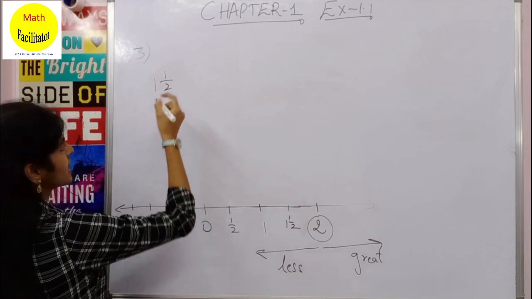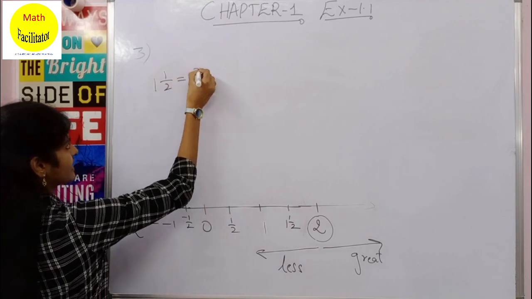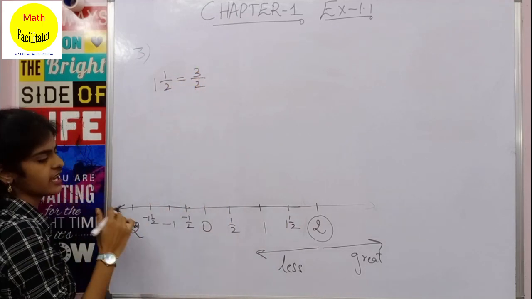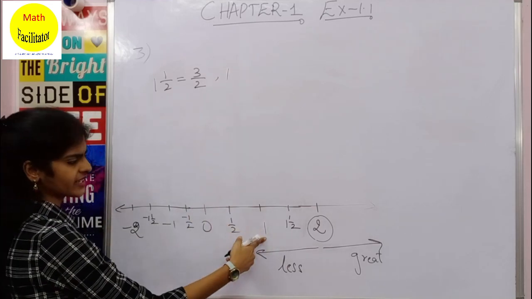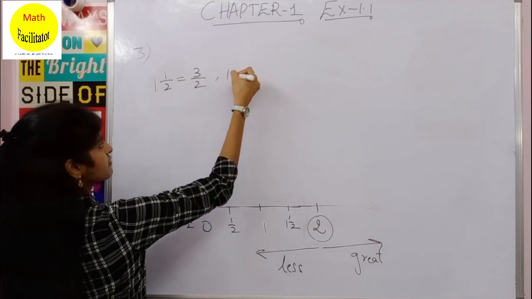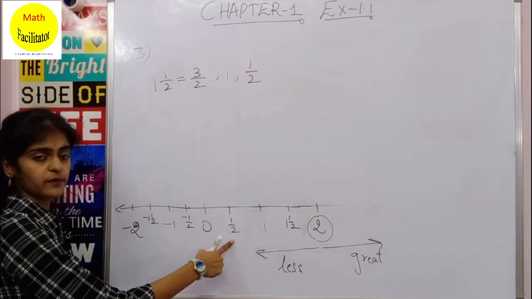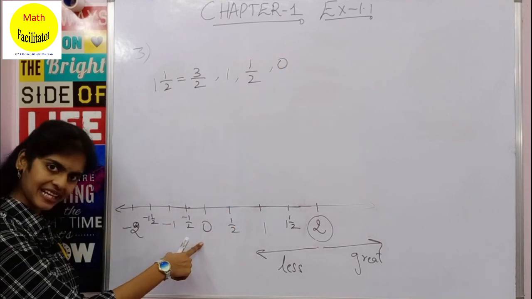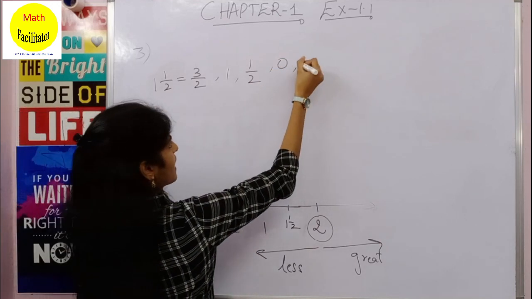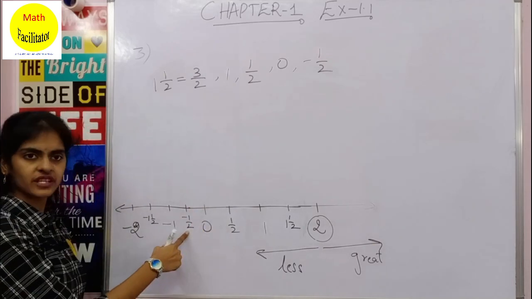This 1 by 2 you can also write as 3 by 2. Again you have 1 here. 1 is also a rational number, you can consider that. Half, 1 upon 2, is also a rational number. Then 0 is also a rational number. And minus 1 upon 2 is also a rational number.